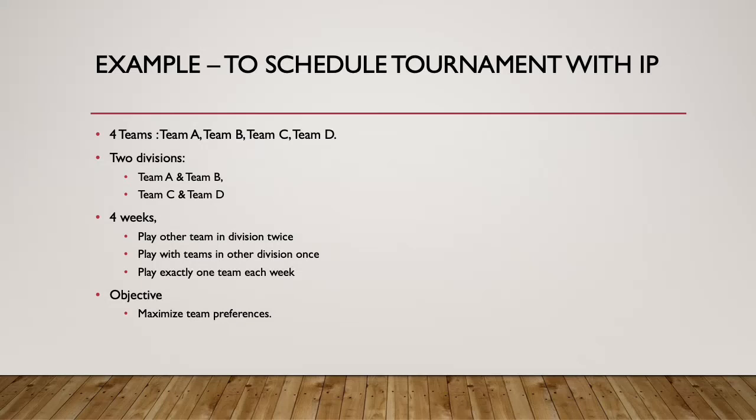That means teams in the same group play each other twice, and teams in the other group play only once. Each team plays exactly one team each week, so each team should play only once in a week. These 3 are the constraints, and our objective is to maximize team preferences.